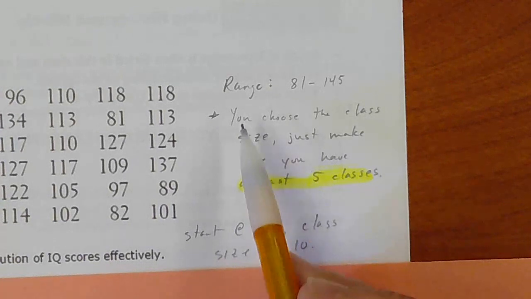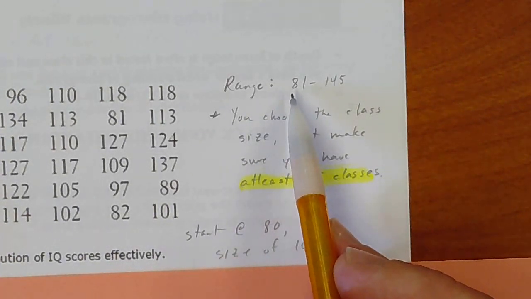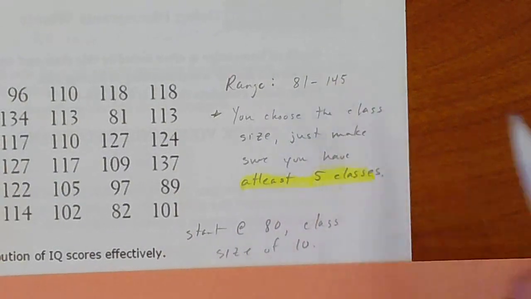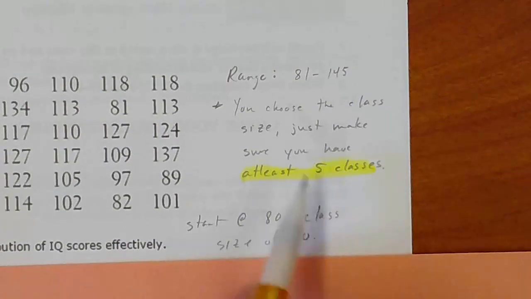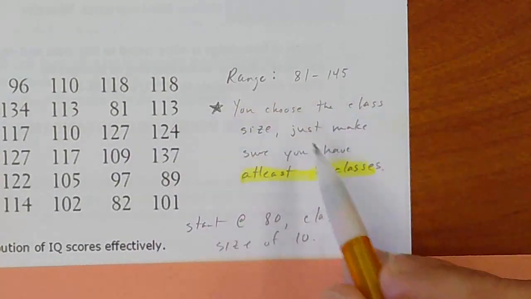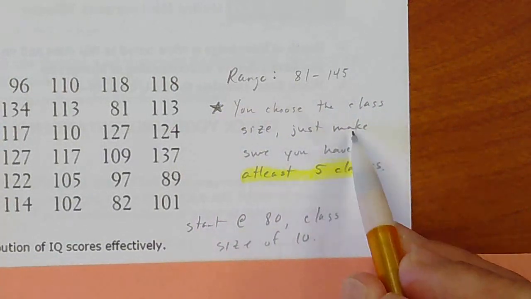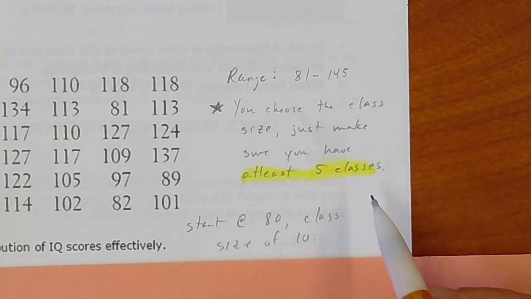When you're choosing the class size, you want to consider what your range is. The range is 81 to 145. If you're going to make your own histogram, I made a note here: choose at least 5 classes, whatever the range of values.